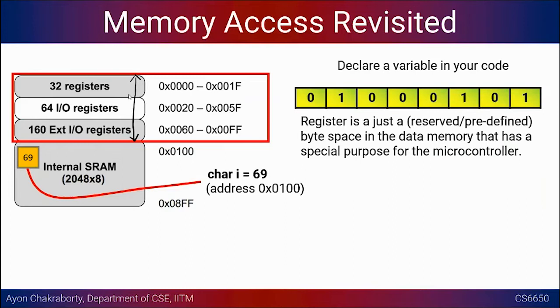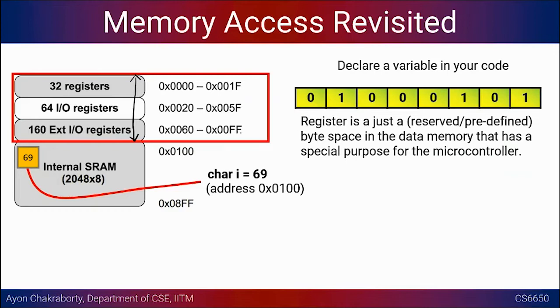And after that we have this internal SRAM where all these declared variables or the program bookkeeping takes place. So if you declare a variable in your code like char i = 69, this will be stored in the beginning of the SRAM where your registers end, right?